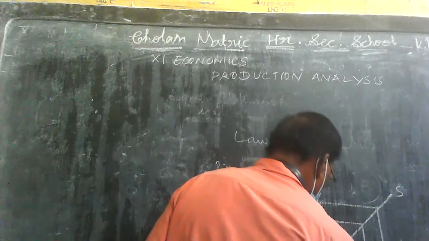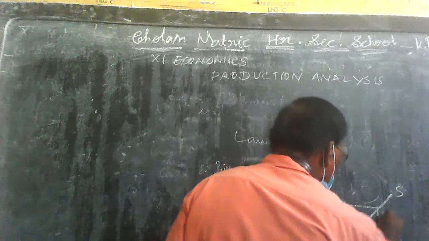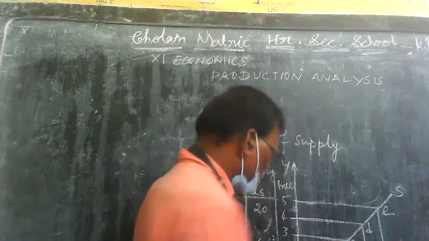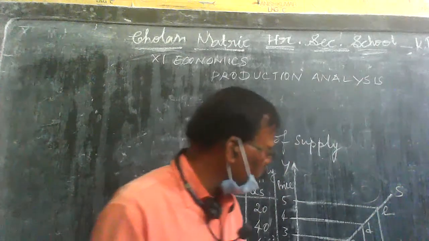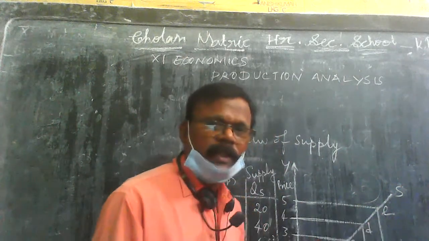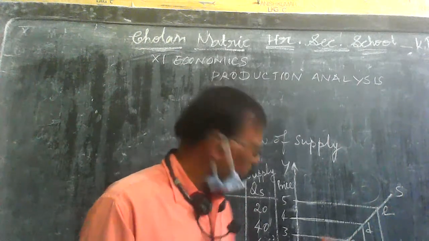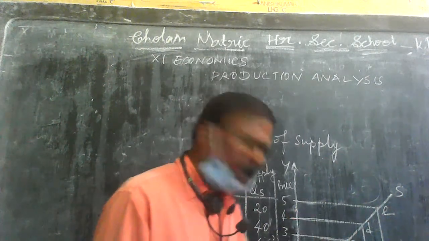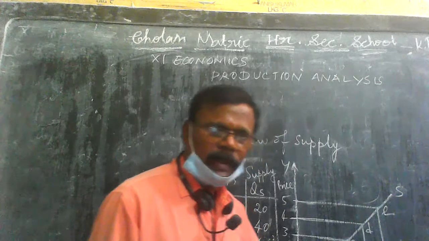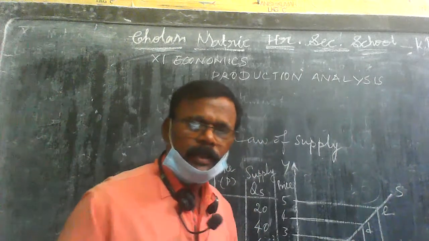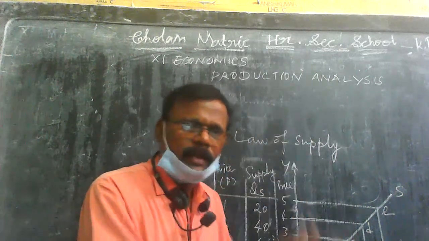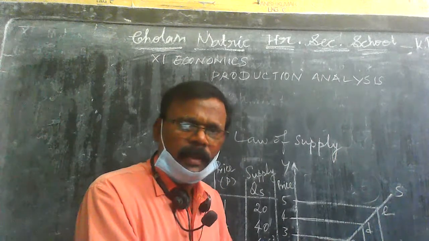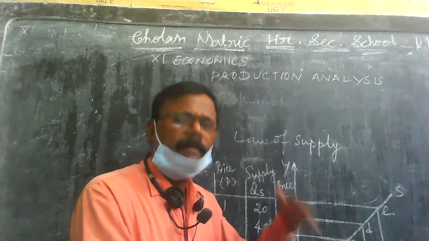Here A, B, C, D, E. All these points A, B, C, D, E refer to different prices and different quantities of supply. It is not the same one price. So there are different prices.